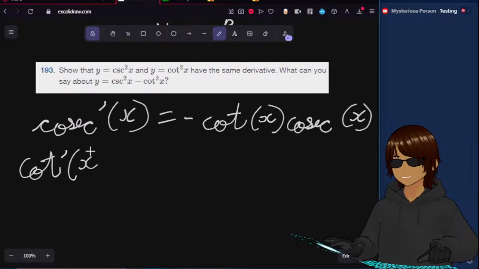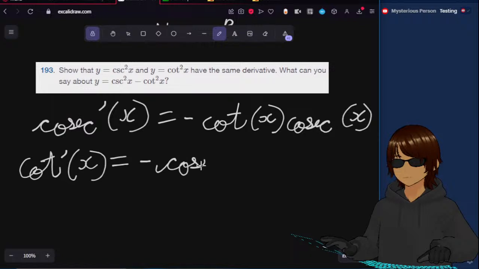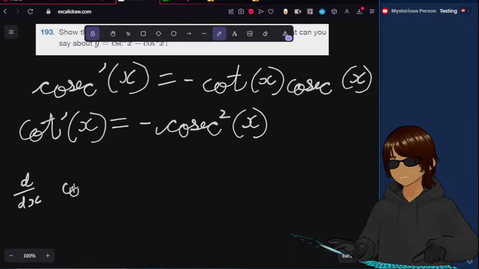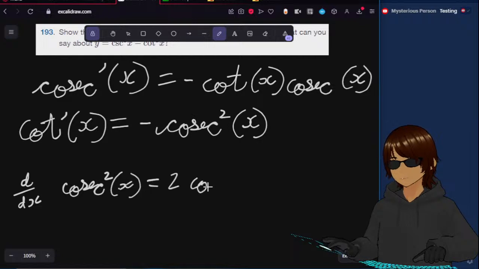And then the derivative is this. Okay, so the derivative, cosecant squared x, then cosecant x, then the derivative of the inside.